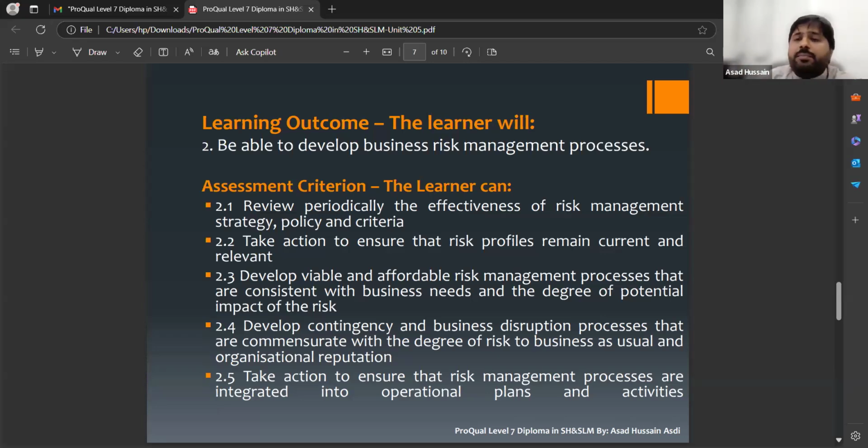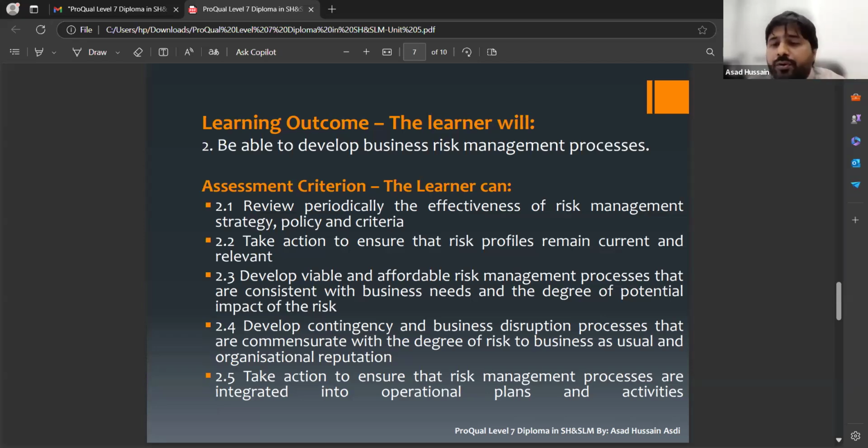Because a specific risk management policy or strategy will not be relevant here. How? Because it is discussing reviewing periodically. Here the subject is reviewing periodically the effectiveness of risk management strategy, policy, and criteria, and the strategy, policy, and criteria are the object.